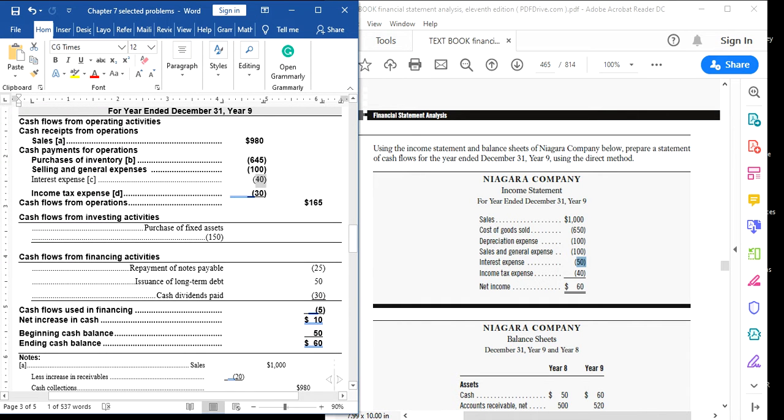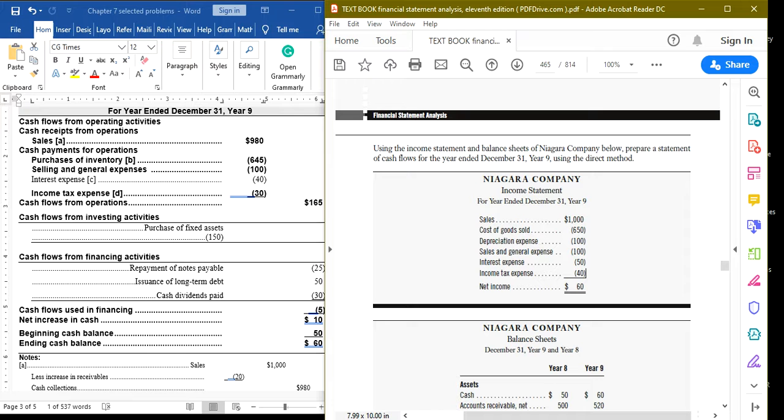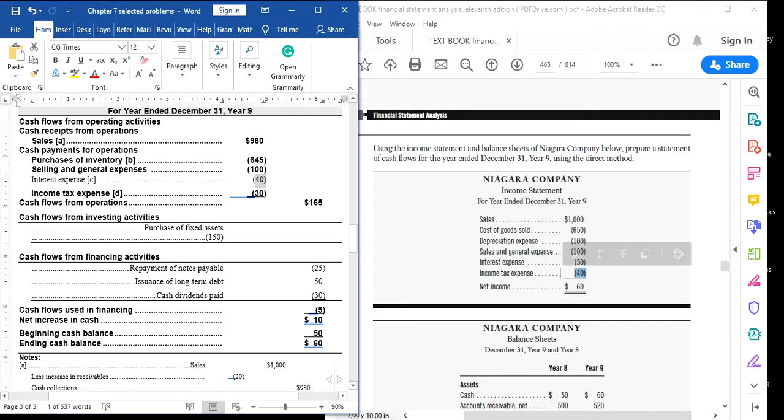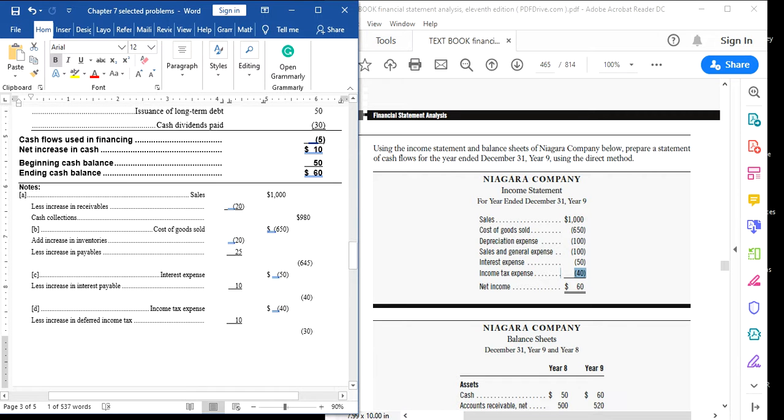Okay, and income tax expense also 30, but it is also surprising over here because we have 40, but this is 30. Okay, why? We have income tax expense less increase in deferred income tax. So deferred income tax means we are paying that tax to the government in the future, not now.